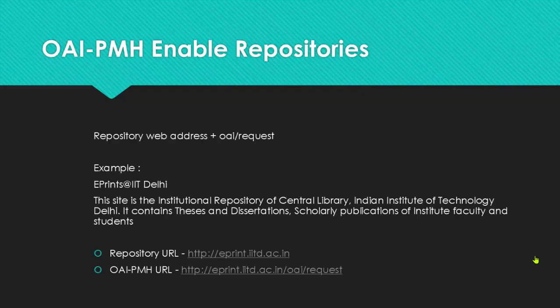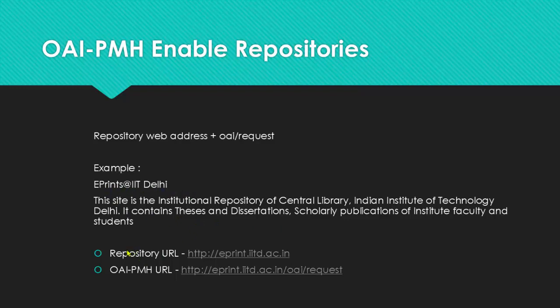Here, the most important thing is how we can know that a particular repository has activated or enabled its OAI-PMH service or feature. It's a very easy task. We have to add oai/request to the web address of that repository. Here is the example: the repository of ePrints at IIT Delhi.